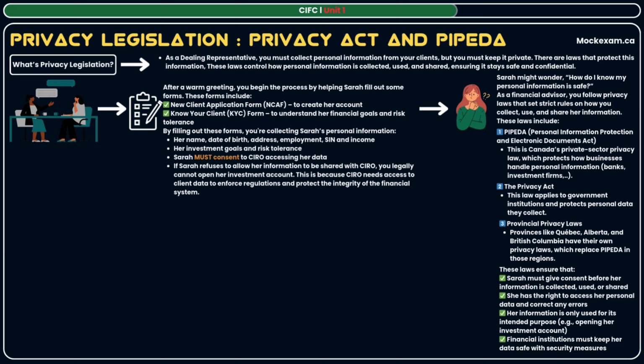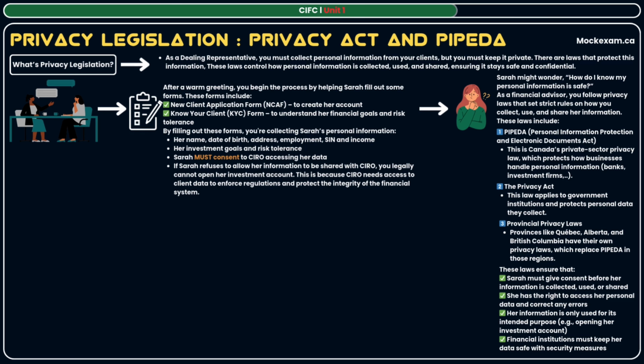Then these rules also ensure that Sarah's information is only used for its intended purpose, like opening her investment account. It cannot be shared with other data-hungry companies for other purposes.